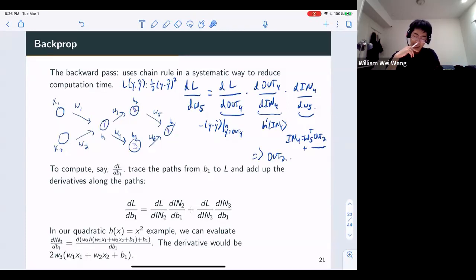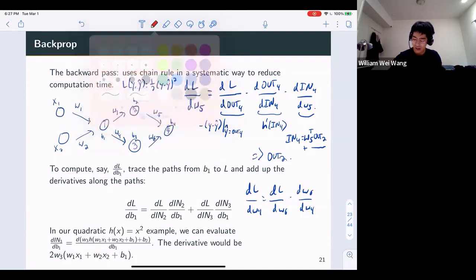And one thing to know, it doesn't really make sense to say that, okay, maybe I want to write dL over dW4. Maybe I want to write this dL over dW6 times dW6 over dW4. Well, that doesn't actually make sense, so this is a no-no.